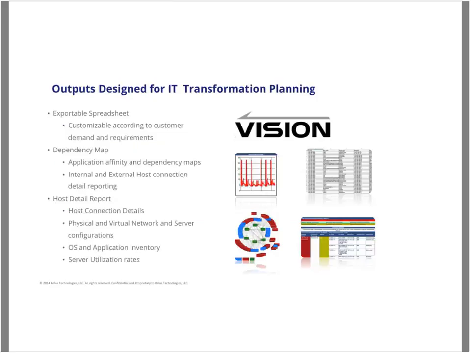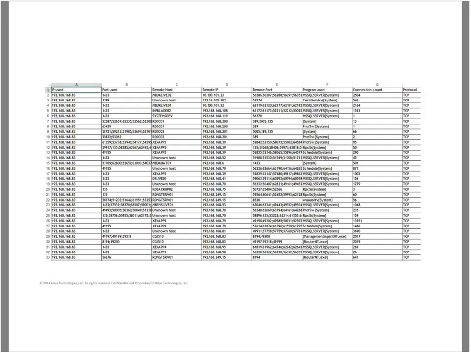These are some of the outputs that we provide in Discovery: exportable spreadsheets, raw data, specifically dependency mapping along with affinity mapping, along with host detail reports. I'm going to show you some samples of what these look like. This is a sample report. It's a raw data file.